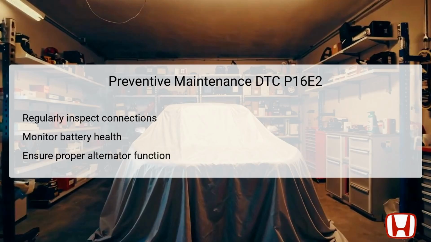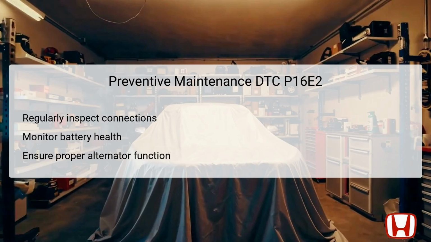To prevent future occurrences of DTC P16E2, it is advisable to establish a routine preventive maintenance plan. Regularly inspect all electrical connections, especially at the alternator and PCM, to ensure they remain secure and corrosion-free. Monitoring battery health is also important.